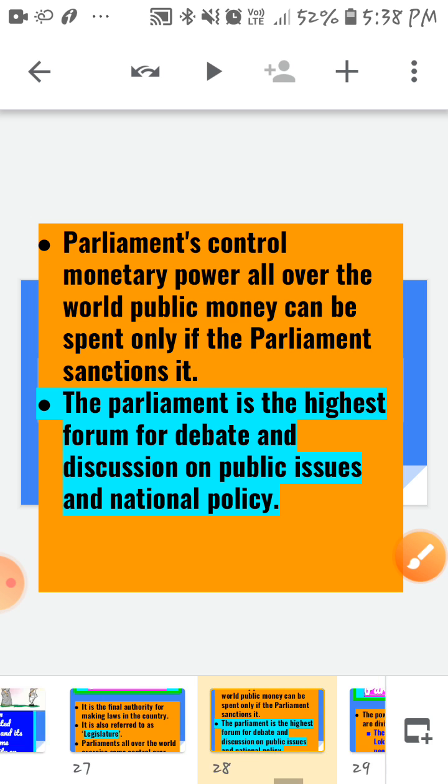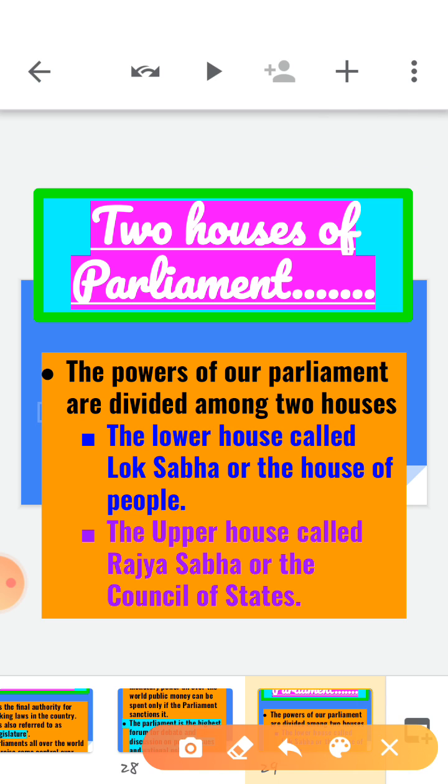Clear? Now, as we know, in our country, the parliament consists of two houses. The powers of our parliament are divided among the two houses. First, the lower house. Second, the upper house. The lower house is called Lok Sabha, or the House of People. Clear? Why is it called the House of People?